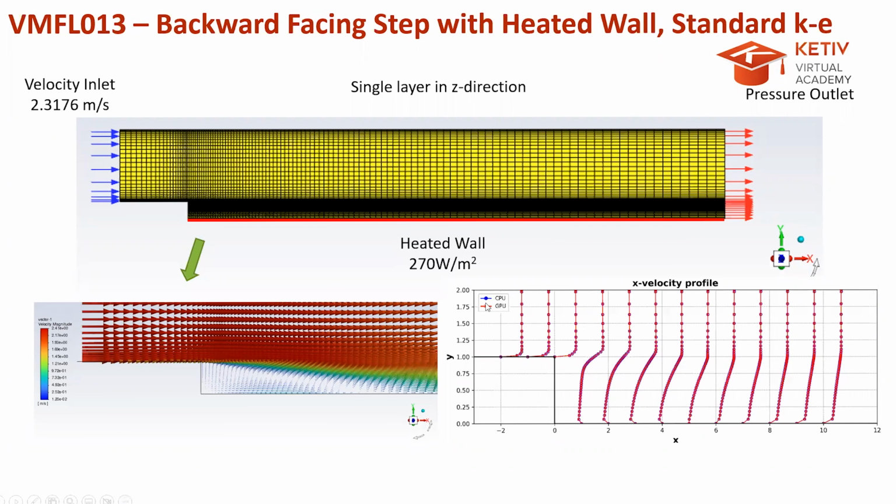And as you can see from the legend, both the GPU and the CPU runs give you similar results. They're overlapping, so you're not even able to differentiate between them. So pretty comparable. And the CPU results are already well validated against literature results, as I'm sure a lot of the CFD users already know. So that means that the GPU results are also validated against literature data.